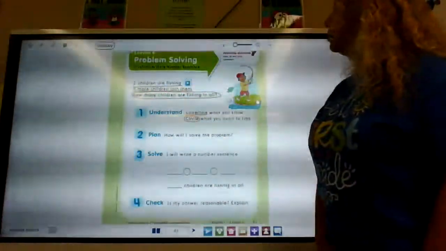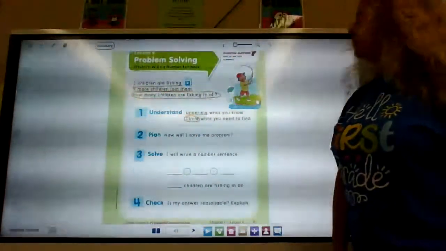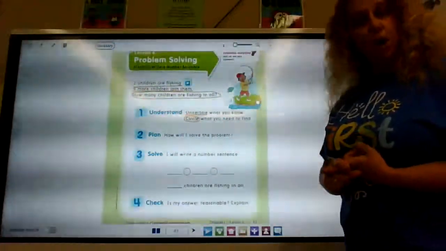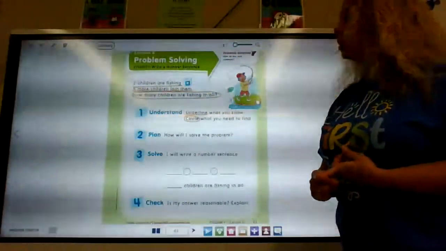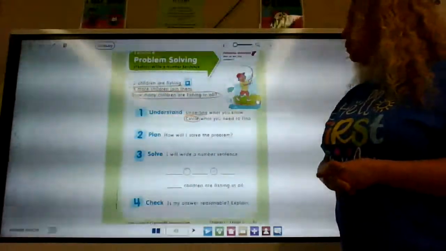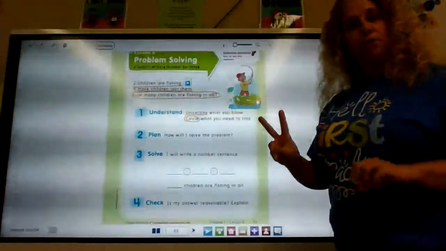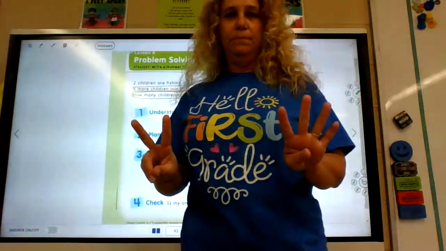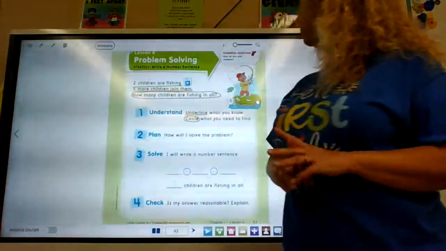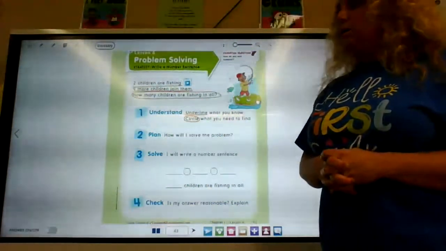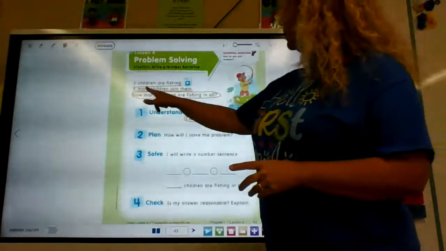So we have 2 children are fishing. That's something they told us and we know. 4 more children join them. Okay, so we have 2 and then we have 4 more children. How many children are fishing in all? So that is what we need to find out.